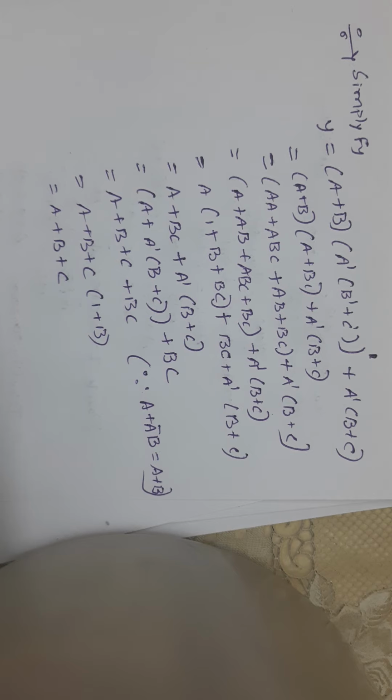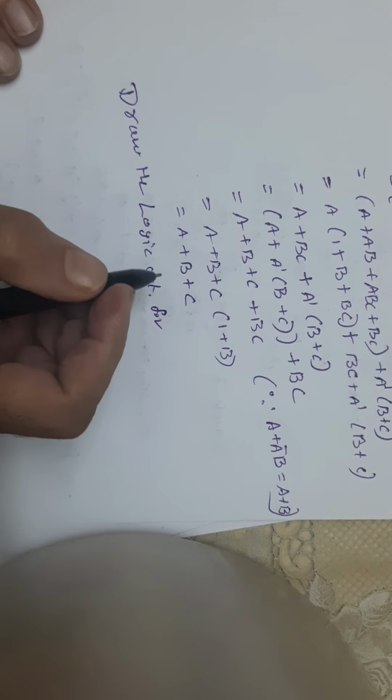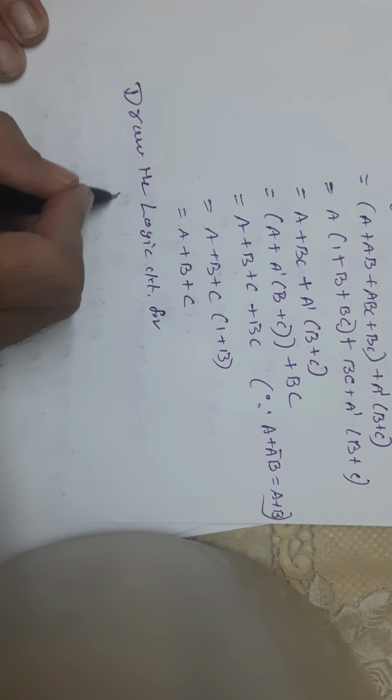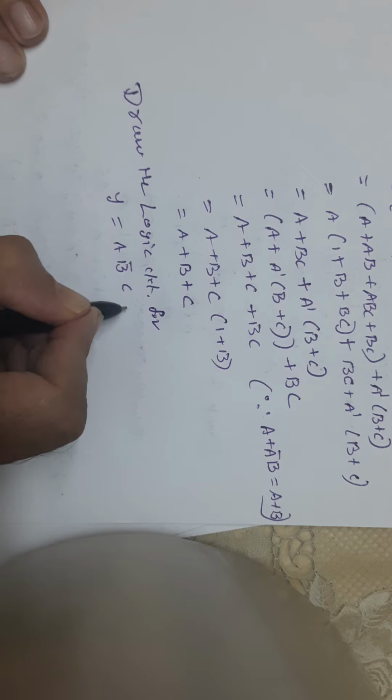I just give you one more example. Draw the logic circuit for Y is equal to A B bar C plus ABC.